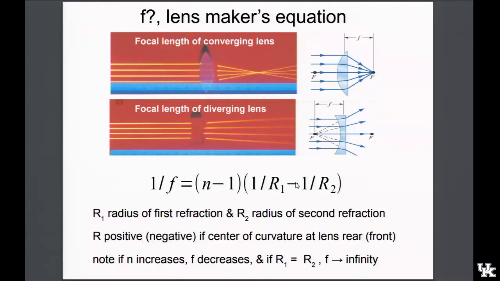These are R1 and R2. This is where the first refraction occurs, R1. This is where the second refraction occurs, R2. And then this n here is the material, the glass or the ice that you've made the lens from. It depends on that, too. So all these three things, the radii of curvature of the two faces and the material of the lens, go into the lens maker's formula and determine the focal length.